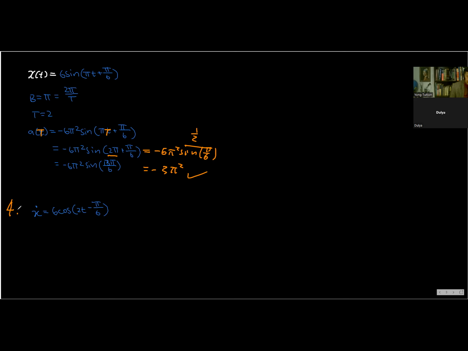What is the amplitude from this formula? I think first we have to make it into x, right? Good idea. So that's why you need to find the period first.